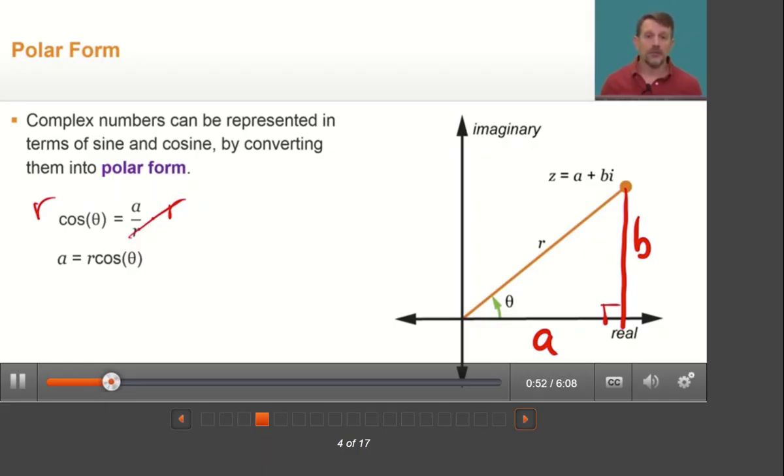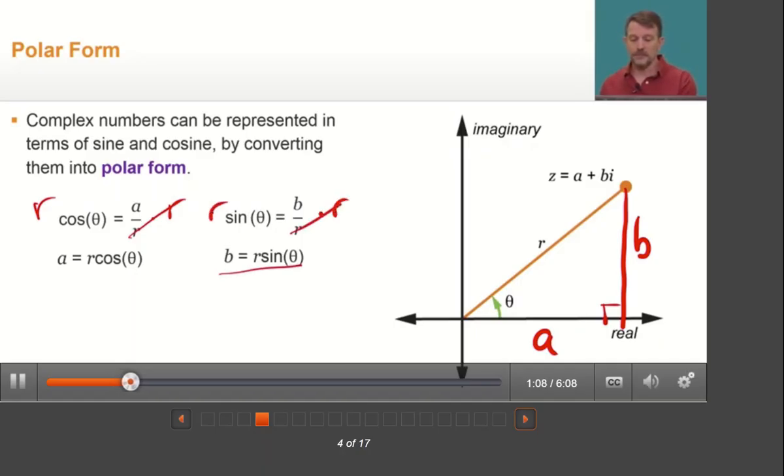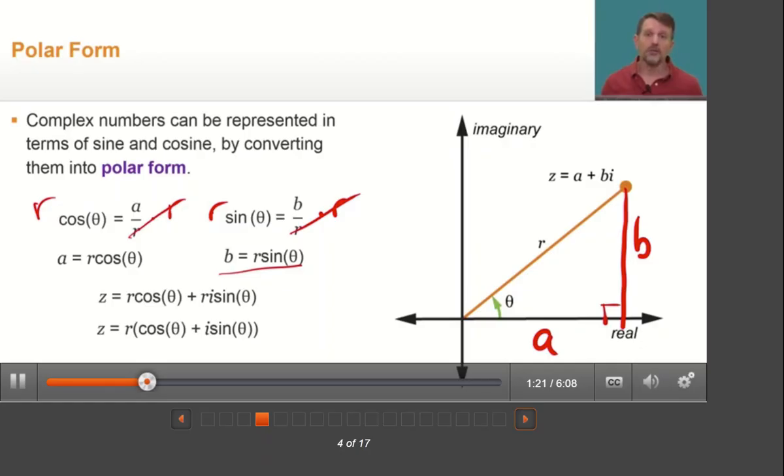We can use a similar procedure to redefine b. By definition, sine theta equals b over r. Multiplying both sides of this equation by r gives us b equals r sine theta. Because z equals a plus bi, we can substitute in our above definitions of a and b, yielding z equals r cosine theta plus r times i sine theta.